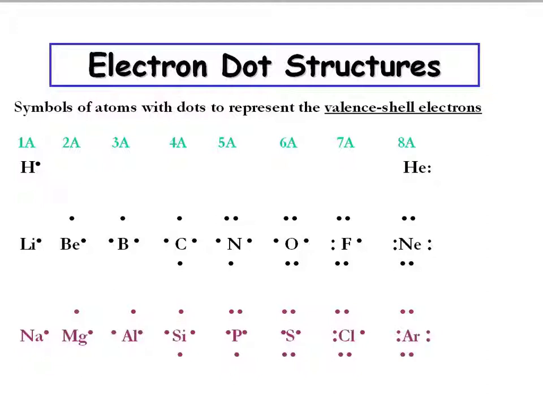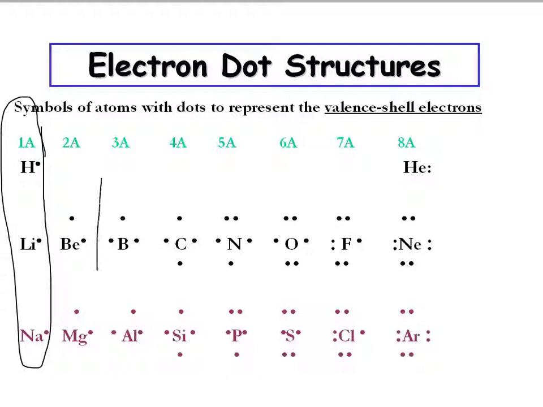If we look at our group 1 over here, these all have one valence electron, so you draw them with one dot to represent that one valence electron. You see the same thing with group 2, two valence electrons, so those all have two dots. And you can see that it goes from 1 through 8, you add dots each time.